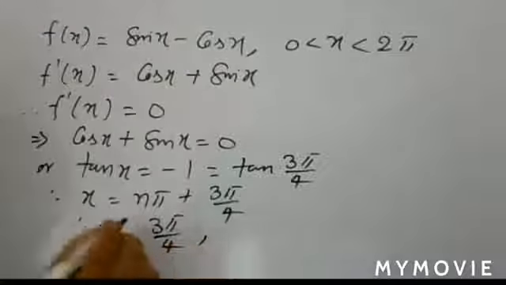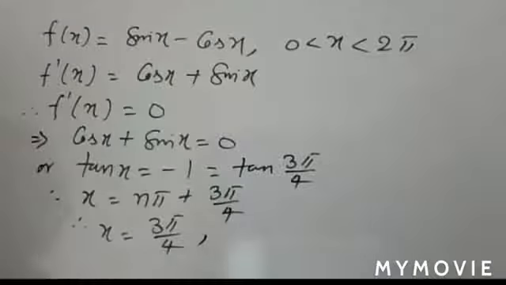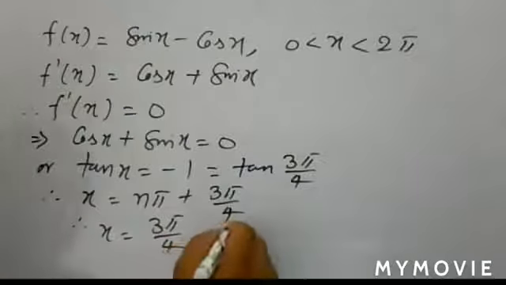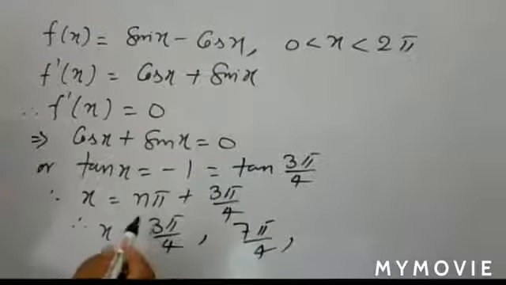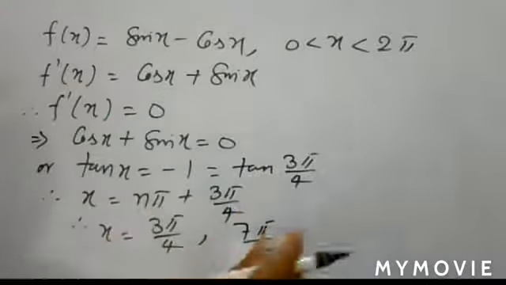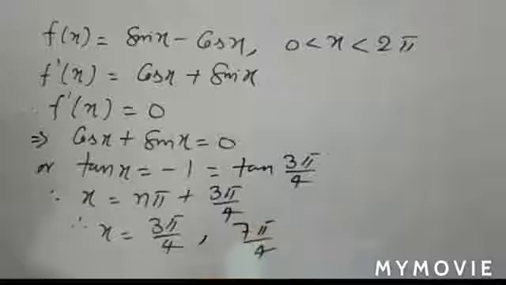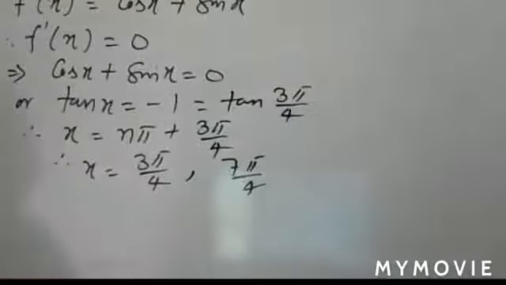If you put n is equal to 1, you have 7 pi by 4, which is also less than 2 pi. Okay. Now if you put n is equal to 2, it crosses 2 pi, so no need to write. So here you have two values, which are known as critical points between 0 and 2 pi.